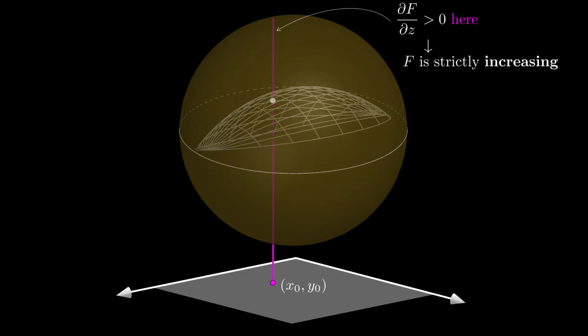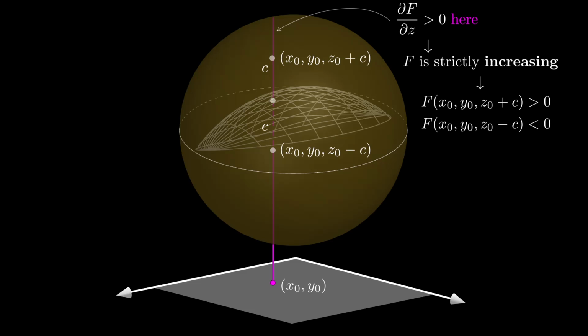If this partial derivative is positive, then f is a strictly increasing function, which means that we can find a value of f at z0 plus c where the function is positive, and we can also find another equidistant point where the value of the function is negative. So we find those two points equidistant from each other, where here the function is positive and here the value of the function is negative.